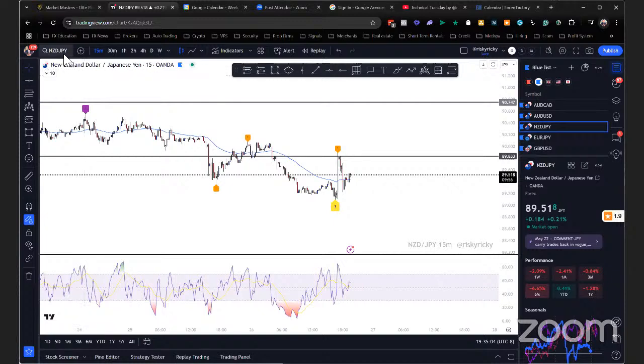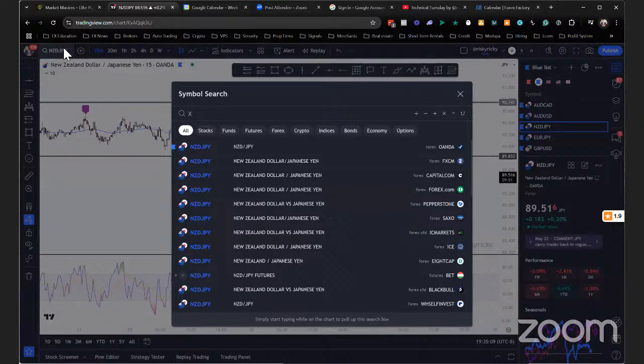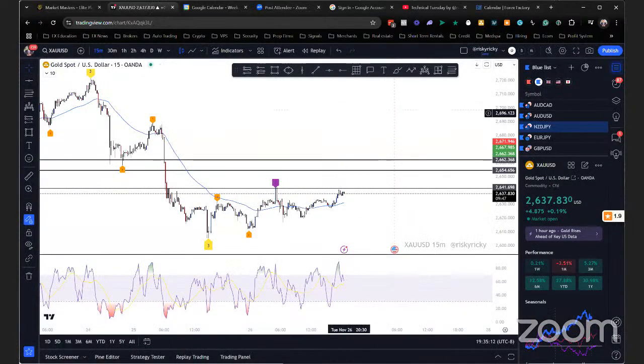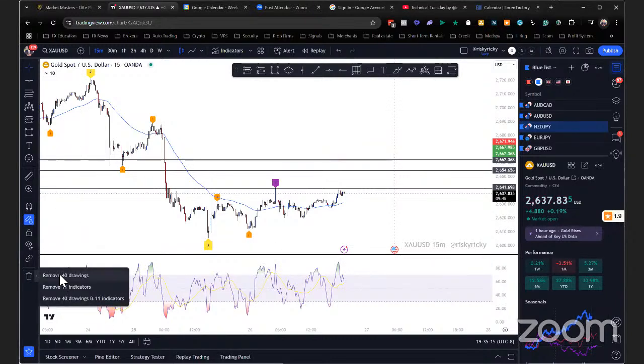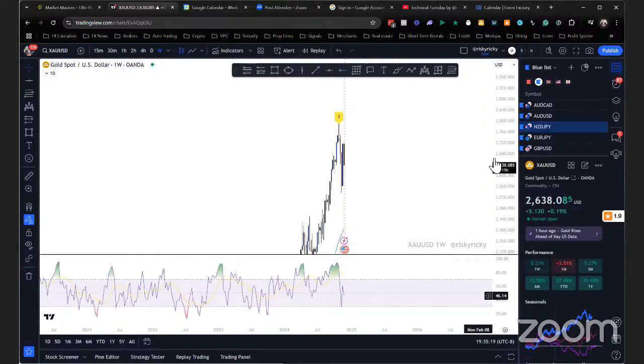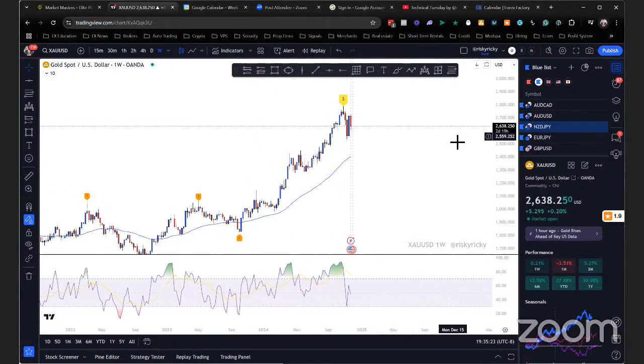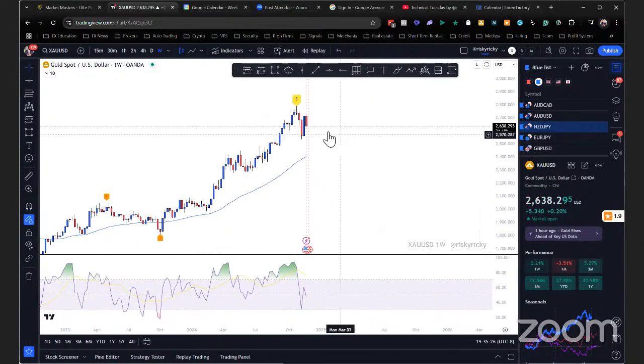Have a look at NZD here. Or actually, let me get to Frankie there, who mentioned gold. Let's have a look at gold here. So it reached some highs up there.